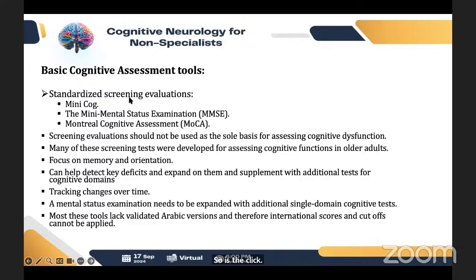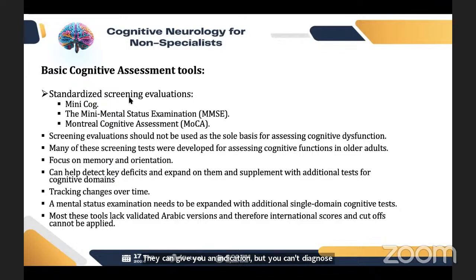Okay. So as Dr. Roa mentioned, we have certain instruments we can utilize to screen the patient's cognitive status. Again, we would like to emphasize those instruments are just screening tools. So they can give you an indication, but you can't diagnose the patient accordingly.